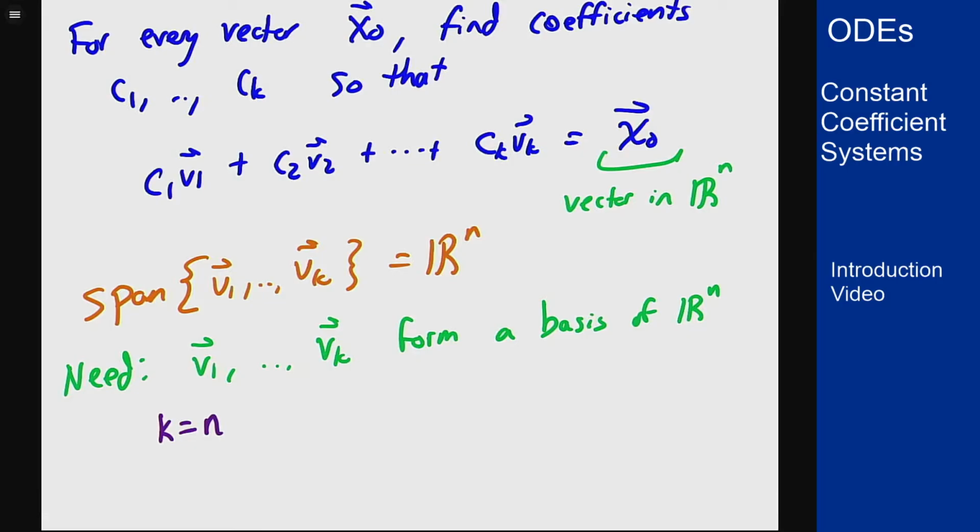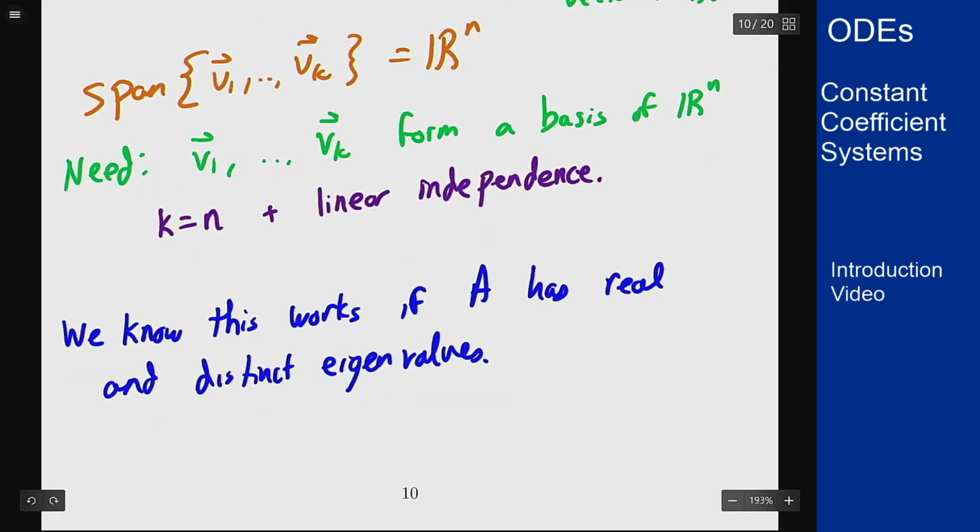Remember, these v's came from eigenvectors of the matrix A. There's a particular case where we know that a given matrix will have real eigenvectors that form a basis for Rn, and that's if the matrix A has all real and distinct eigenvalues. In this case, the eigenvectors form a basis of the entire space, and therefore we can use them to build these solutions.